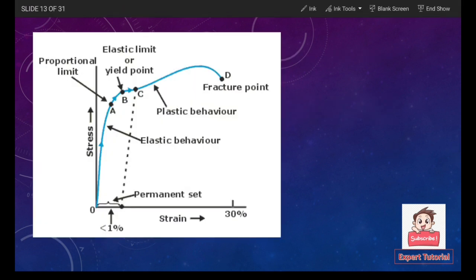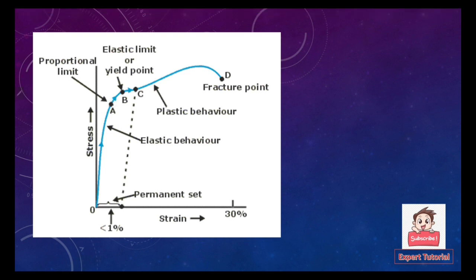This is the graph you can see from the picture. This graph has different parts. First of all, the initial portion of this graph, that is, from the point O up to the point A, the stress is proportional to the strain and the graph is a straight line.